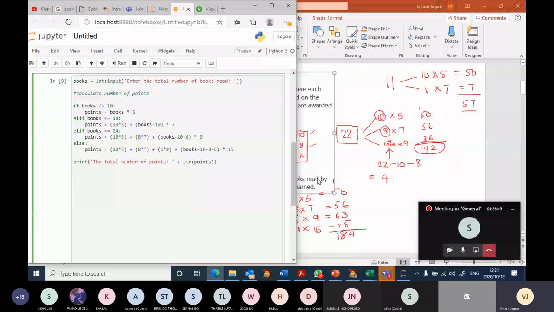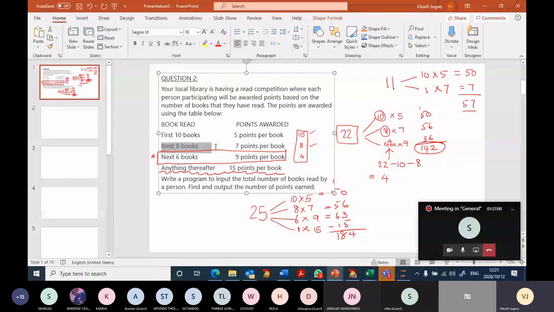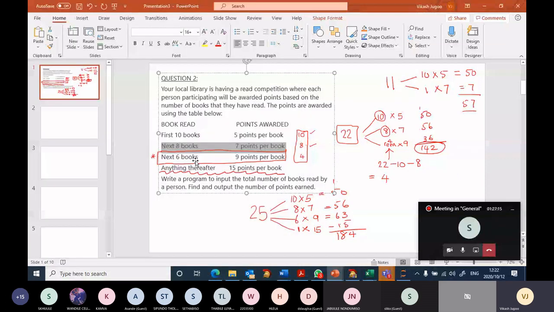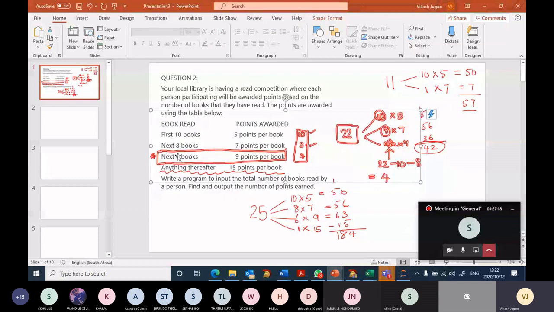That's correct. The next 8 books, 8 times 7. 8 times 7 is 56. That's correct. Plus 6 times 9, the next 6 books at 9 points.